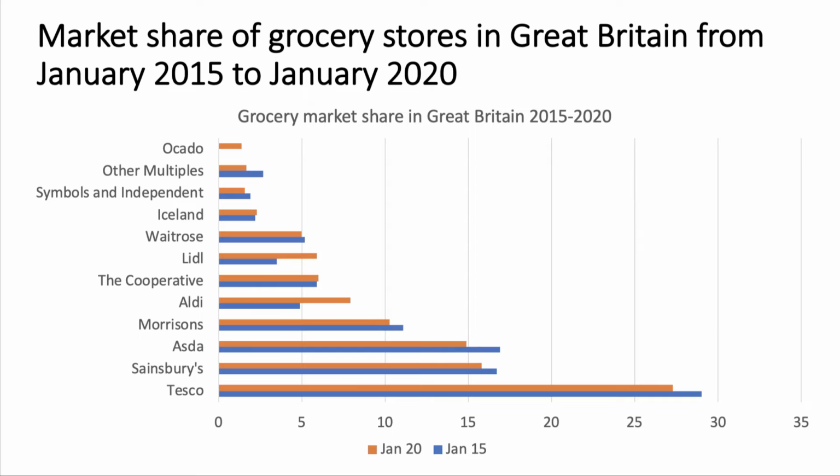A couple of examples. Well, here's an example you might want to think about. The rise of the deep discounters, the likes of Aldi and Lidl, who've both made pretty substantial gains in market share in the UK retail grocery sector, certainly over the last 5 or 6 years. This chart takes us from January 2015 to January 2020, right up to date.